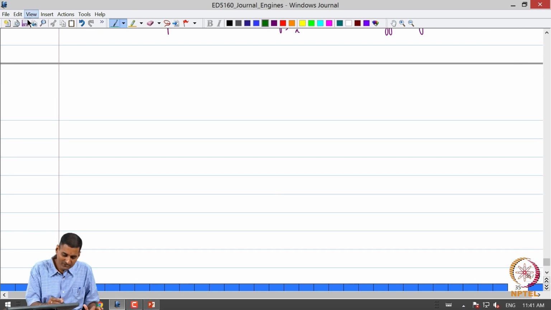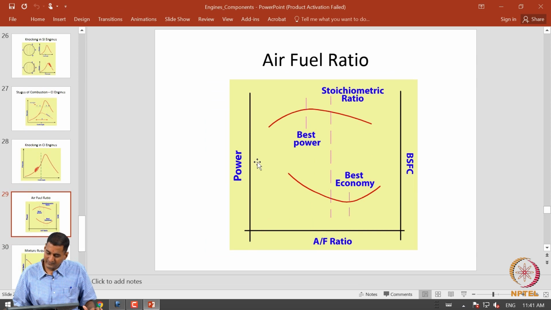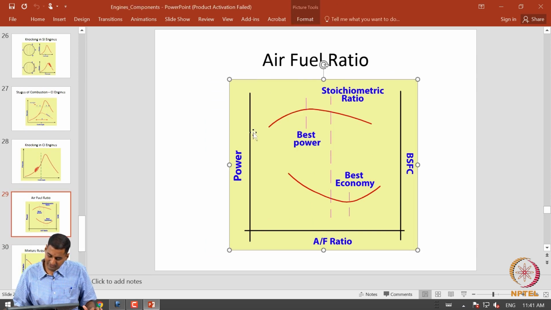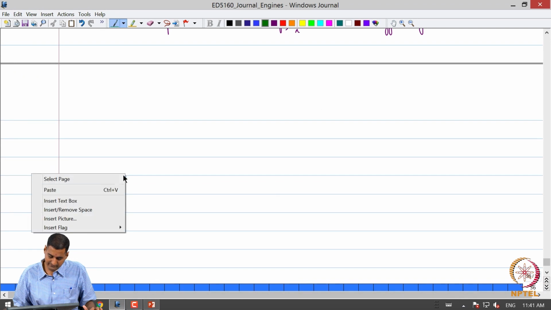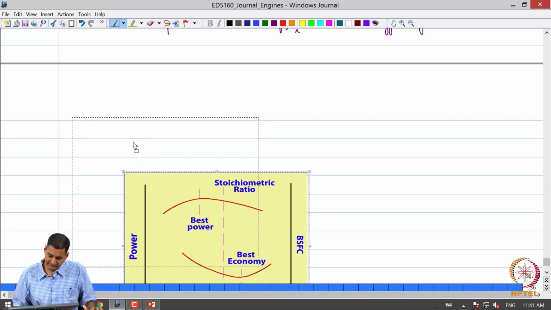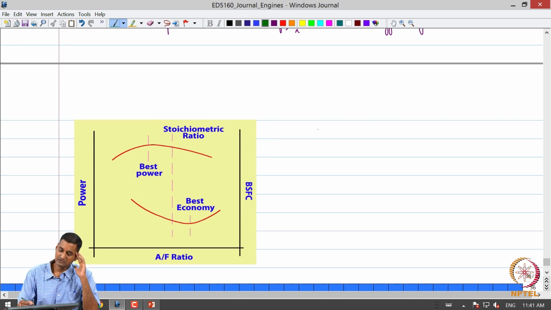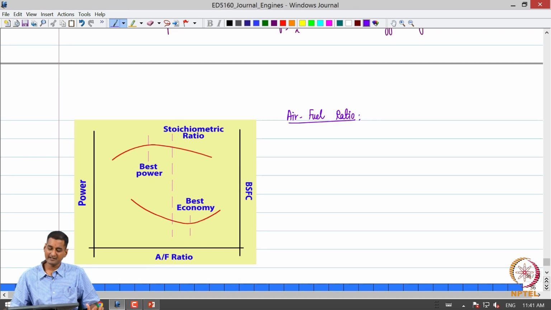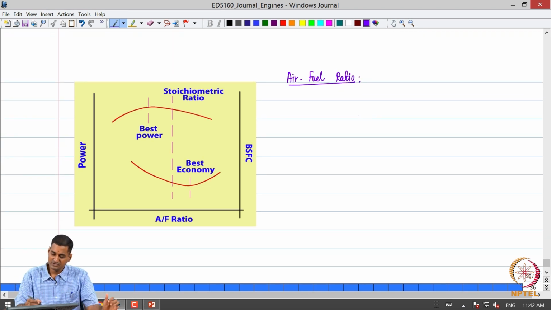So if you want to look at it in a qualitative manner, what is it that we want? Considering the air fuel mixture and the air fuel ratio, in this diagram, which is once again a qualitative diagram, we have a plot of the air fuel ratio against the power output from the engine and the BSFC.